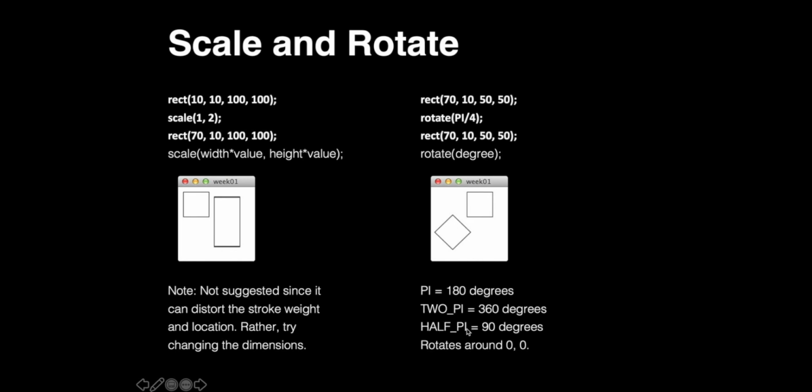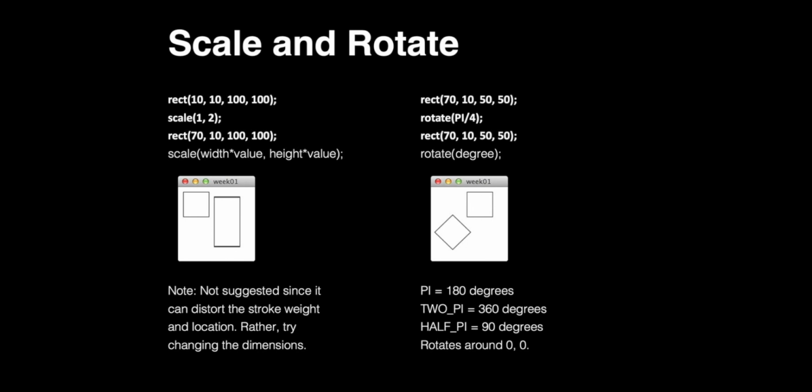Then half pi is 90 degrees. But rather than using pi, I usually use radians because that allows me to plug in a value for the degree, just because it's easier for me to understand personally.